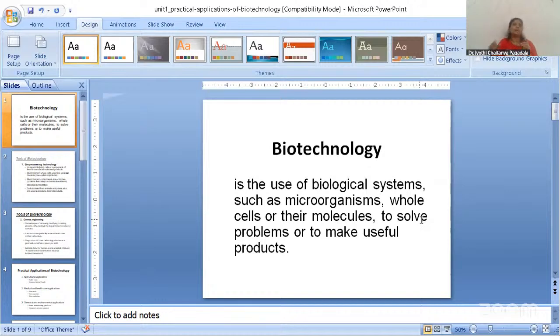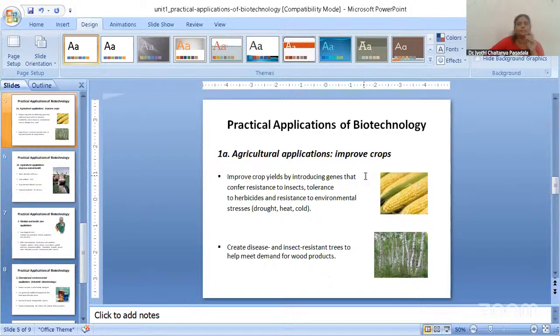There are some transgenic, genetically modified crops or biotech crops from 1996 up to the present.